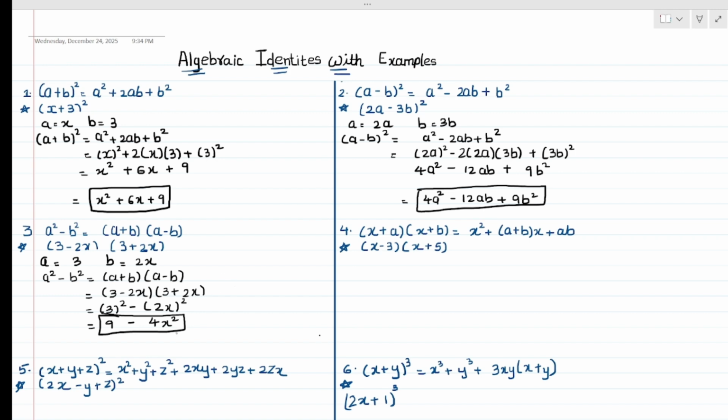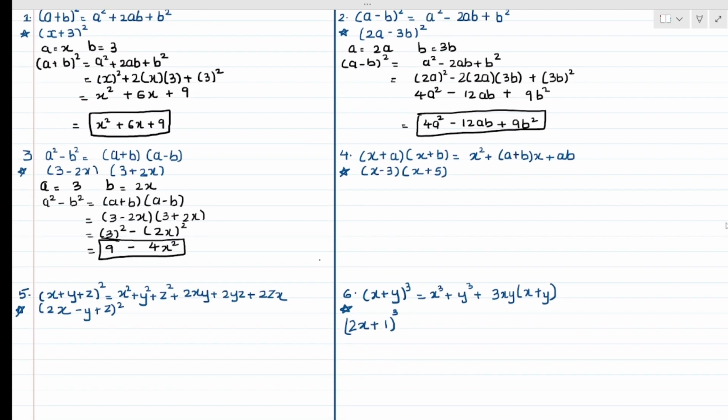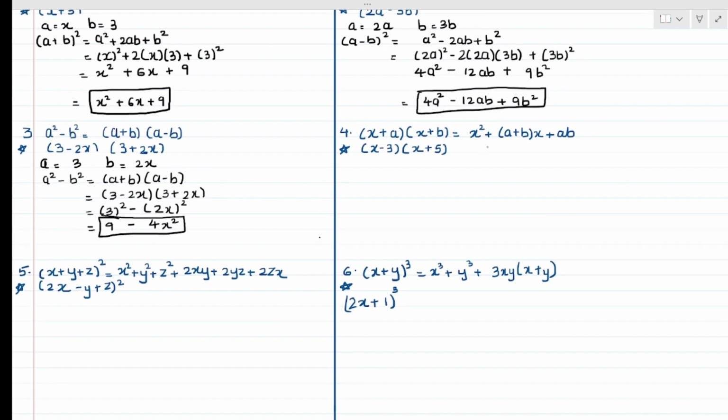Okay, clear? Moving on to our fourth identity, which says (x plus a)(x plus b) is equal to x square plus (a plus b) times x plus ab. Okay, so solving our equation with the help of an example. As you can see over here, let's take our x, say x, because it's x only.